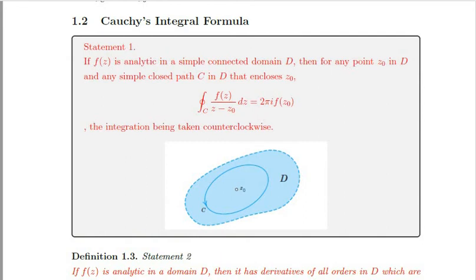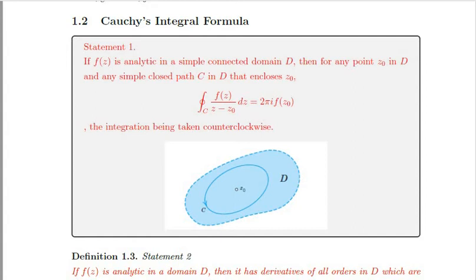If f of z is analytic in a simply connected domain D, then for any point z0 in D and any simple closed path C in D that encloses z0, the integral over C of f of z by z minus z0 dz equals 2 pi i into f of z0, this integration being taken counterclockwise.